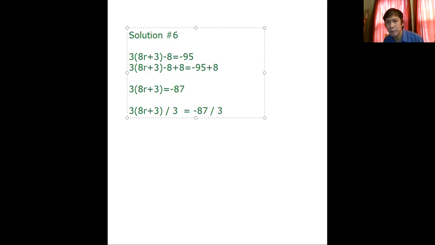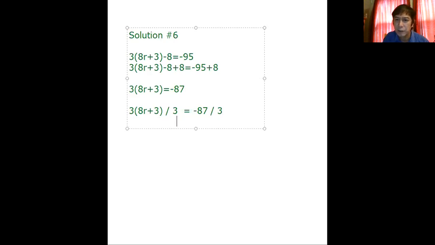And what is 87 divided by 3? 8 divided by 3 is 2, and 2 times 3 is 6, leaving 27. 27 divided by 3 is 9. So it looks like 29. Yes, 29. It's a negative 29.